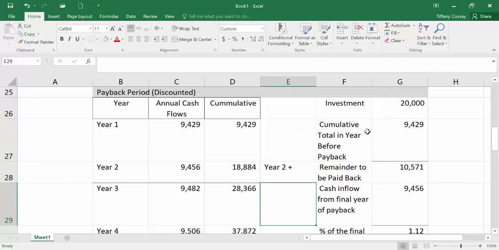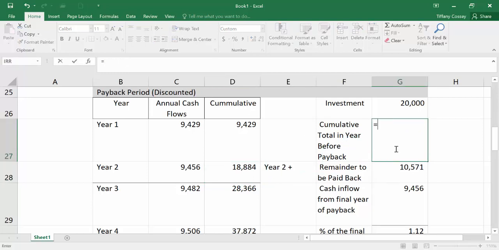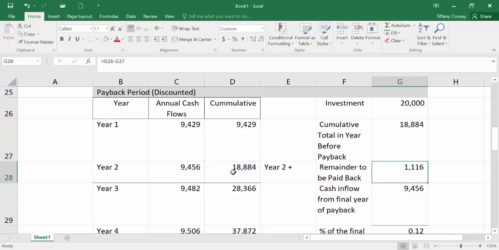Okay, so I'm going to do the same process. I look at my investment and I find the last year before the investment has paid back. So I go to the cumulative total in the year before payback. This time it's year 2, 18,884. And I subtract that from the investment. That gives me the remainder to be paid back in that next year.